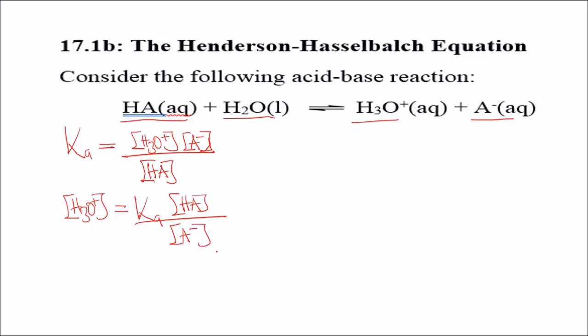Now, if you take the negative logarithms of both sides, then you say minus log of H3O plus will be equal to minus log of this whole expression we see here, Ka HA divided by A minus.